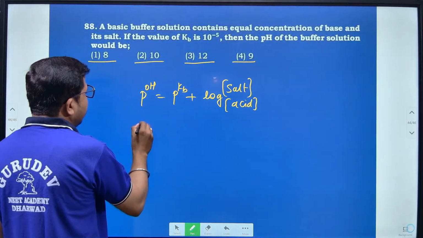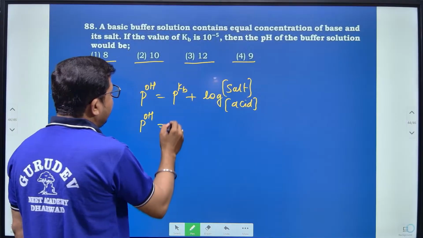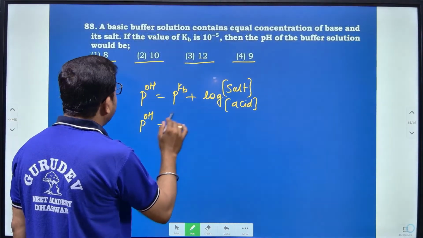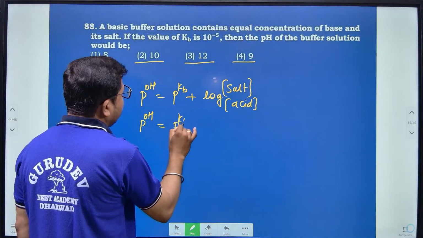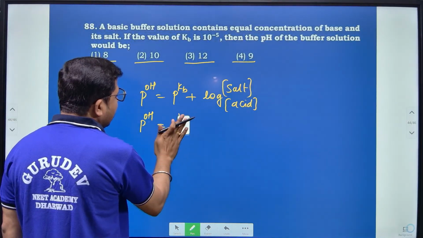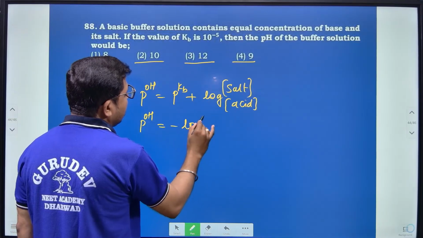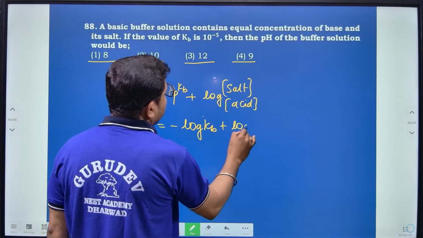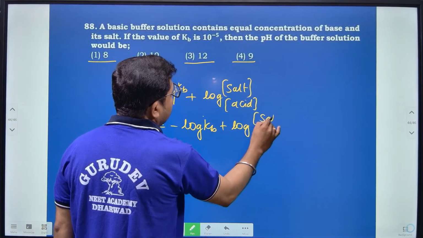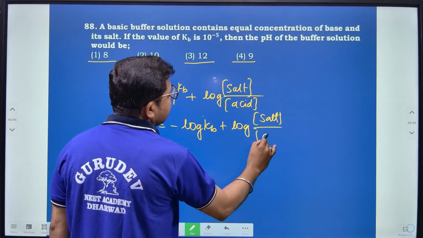See here, pOH is equal to pKb plus log of concentration of salt by concentration of acid.